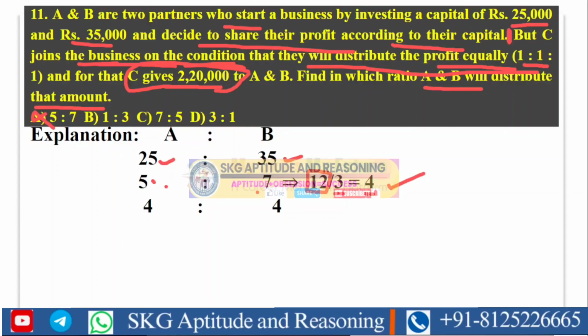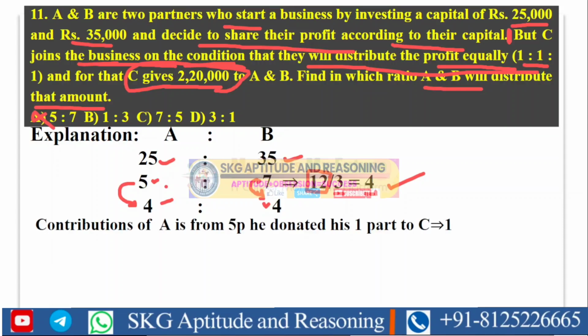Initially, A had to receive 5 parts, but after C joined, A will receive only 4 parts. Initially, B received 7 parts, but now he is receiving only 4 parts, which means A is giving 1 part and B is giving 3 parts to C.